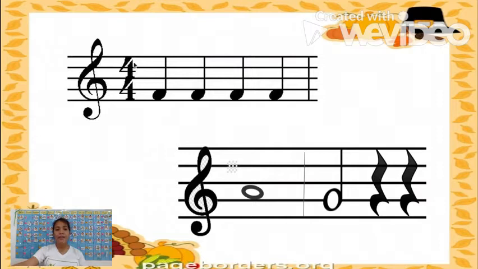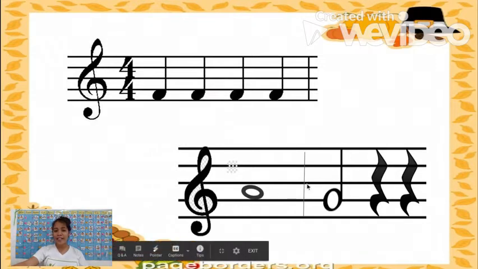Example, this is quarter note, quarter note, quarter note, quarter note. Since quarter note receives 1 beat, all in all there are 4 beats, because 1 plus 1 plus 1 plus 1 equals 4. Got it?